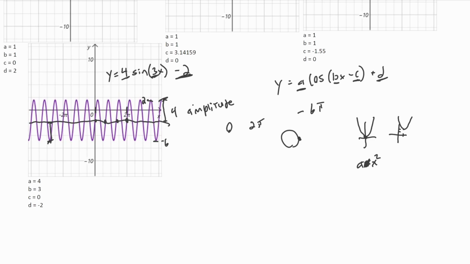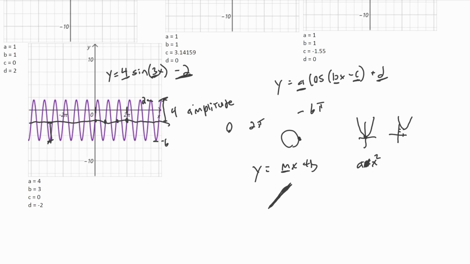The same thing happens with lines. So if you look at any line, y equals mx plus b, this m is our stretch or compression. So if our m is 1, we have a nice identity function. The b will shift it up or left or right. And because it's a first degree, a shift up is also a shift left.